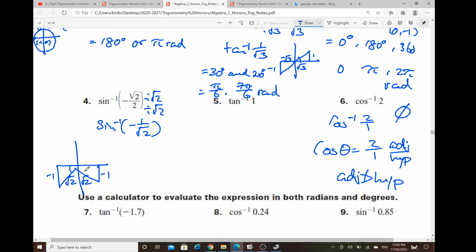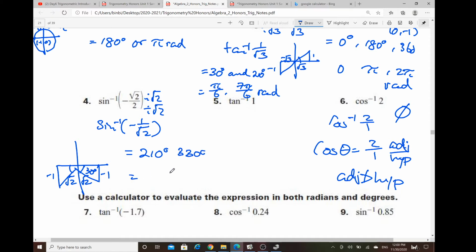The reference angle would be 30 degrees. Going around to quadrant 3, 30 plus 180 would be 210 degrees. In quadrant 4, 360 minus 30 would be 330.